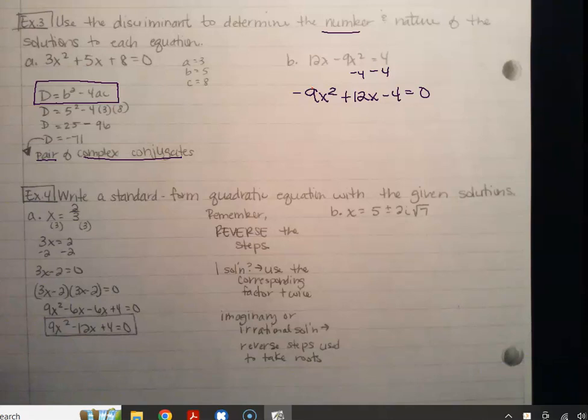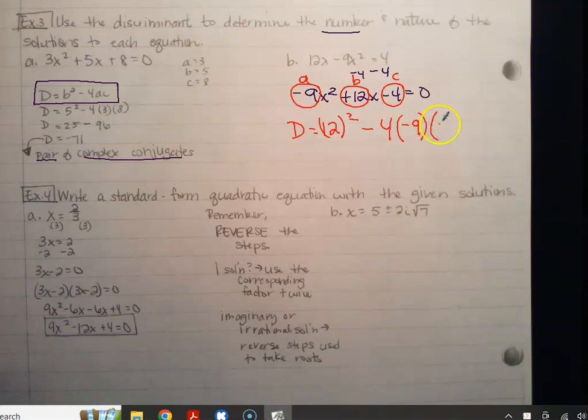Our A is negative 9, B is a positive 12, and C is a negative 4. Our discriminant equals b squared, so we've got 12 squared minus 4 times A, negative 9, times C, negative 4.